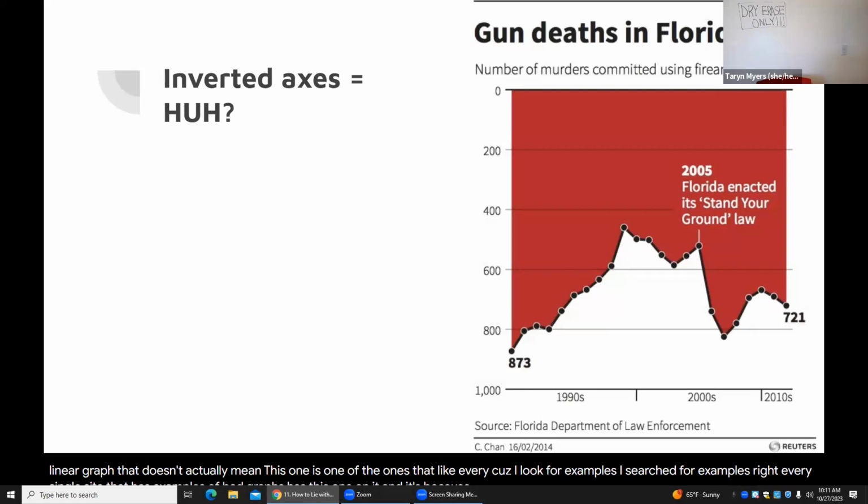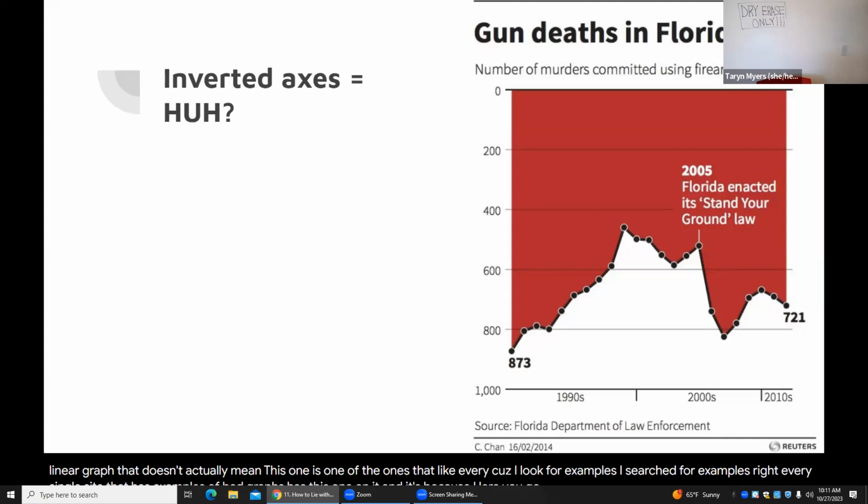And what they're trying to show is the number of murders committed with firearms. Right? And I think they were trying to show that the stand your ground law led to more murders, right? Or maybe they're trying to say this is a good thing. And look at it drop, but it didn't. And it's just really confusing.